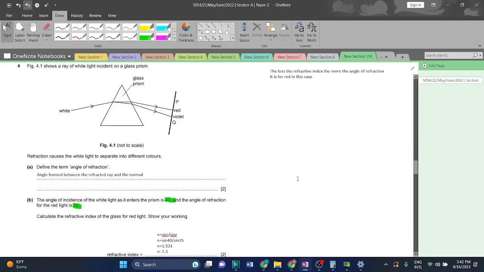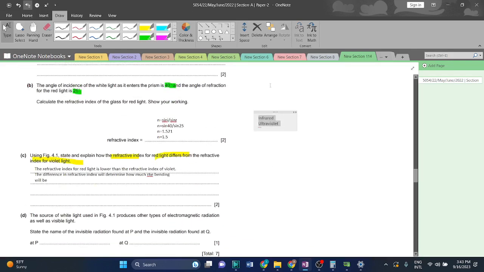So it could generally be infrared. And Q is lower than violet, so I think it's ultraviolet. So yeah, those are the two.